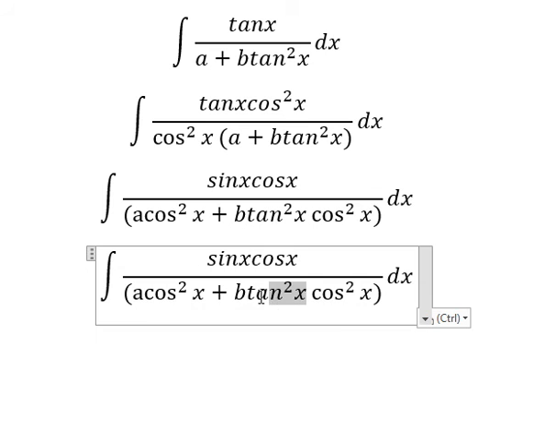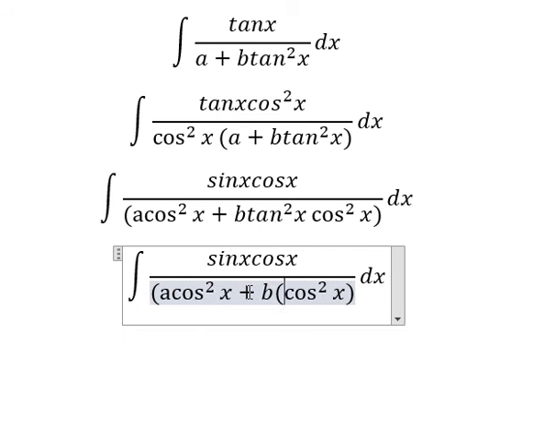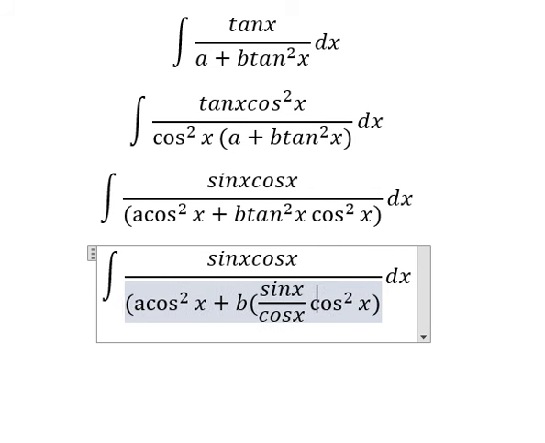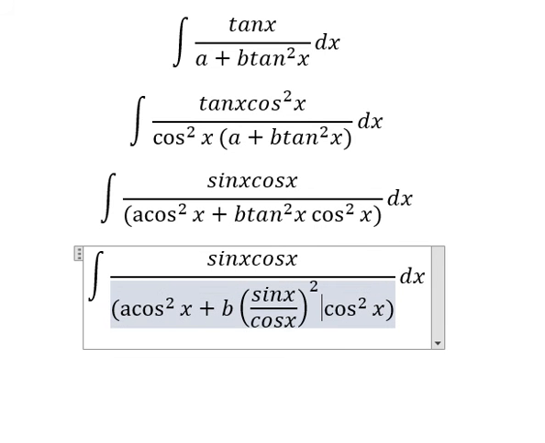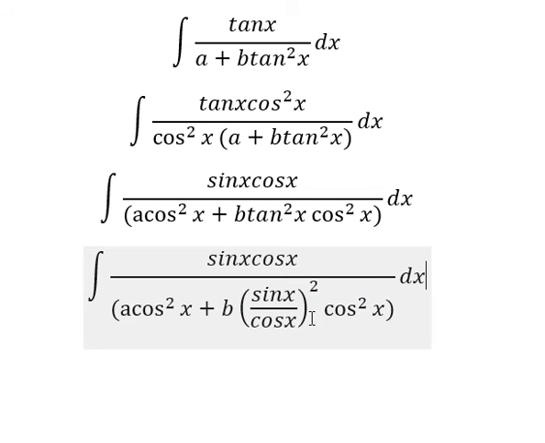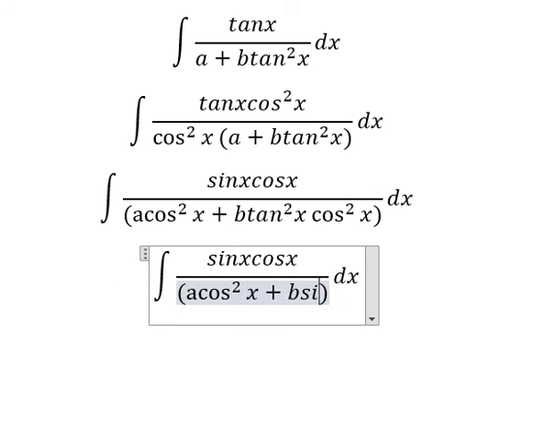We know that tan x is sine x over cosine x to the power of 2. So cosine x squared simplified by cosine x squared, we will have about sine x squared.